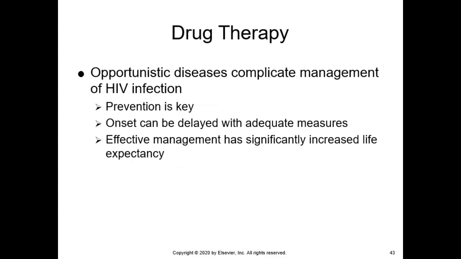Opportunistic diseases do complicate management of HIV infection, and they are more common as the CD4 count drops. Remember that our CD4 count remaining elevated to normal limits is what helps us prevent these infections. So we'll talk about some of these opportunistic infections here.